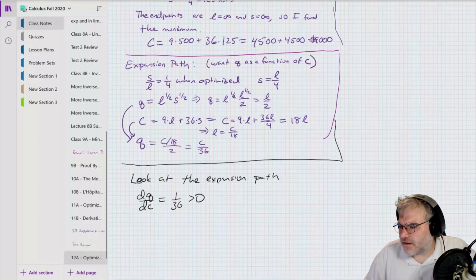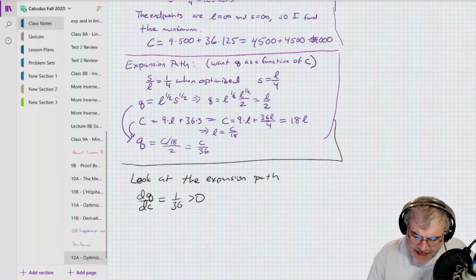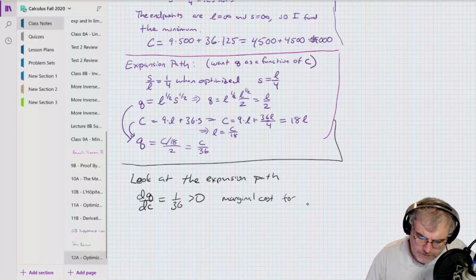Okay? So this means the marginal output for another dollar. This means it costs me $36 to get another unit of output.